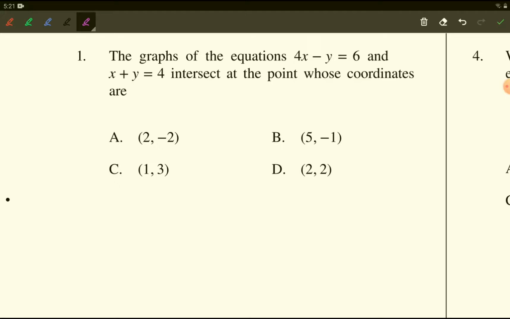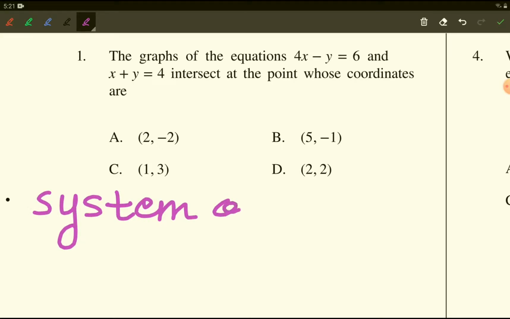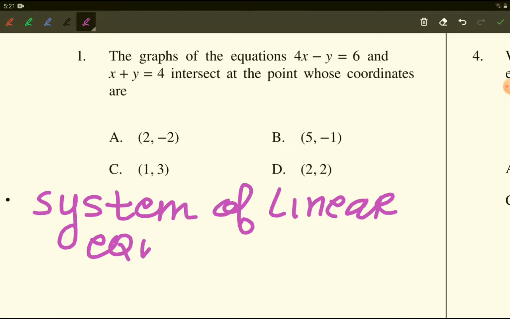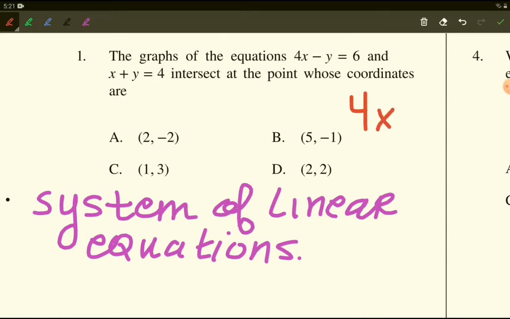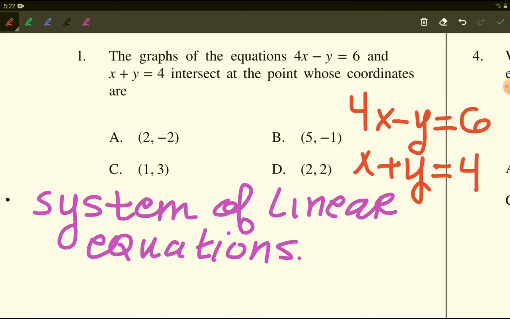Okay, so if you've been in my class, you should remember system of linear equations. Okay, and you just line them up. So it should look like this. 4x minus y equals 6 lined up with x plus y equals 4.